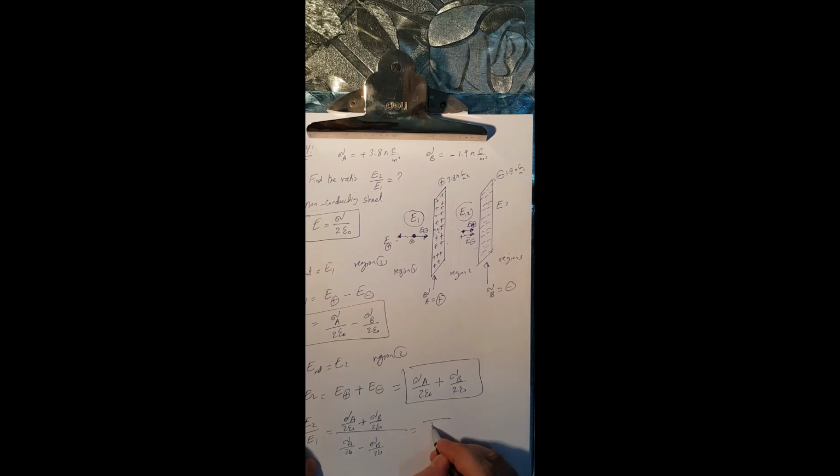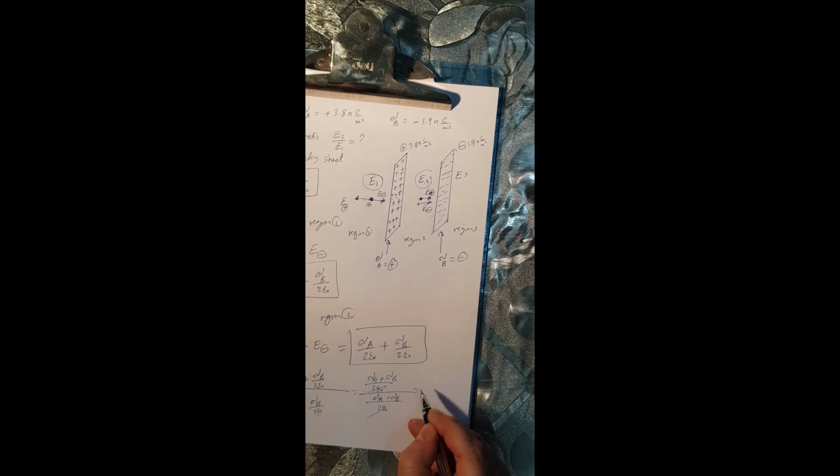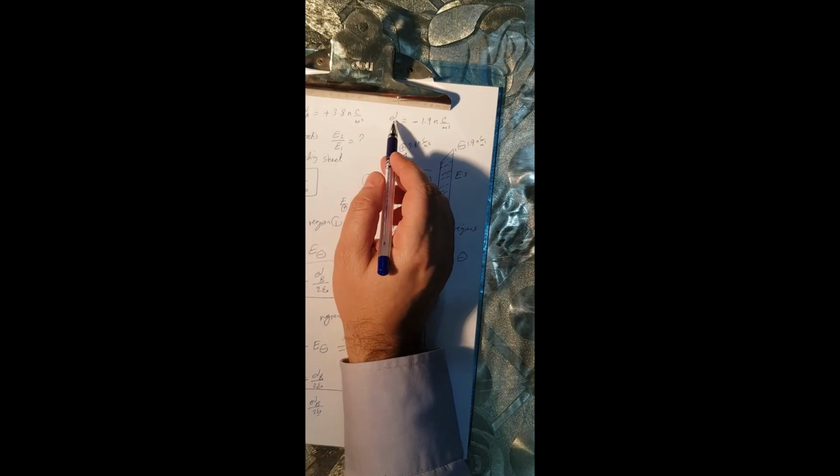Here you have 2 epsilon naught common, so you just add sigma A plus sigma B. Here as well you have 2 epsilon naught common, but with subtraction, sigma A minus sigma B. Cancel these two, and then just substitute the values. So you have sigma A plus sigma B over sigma A minus sigma B. Sigma A and B are given, so substitute them.